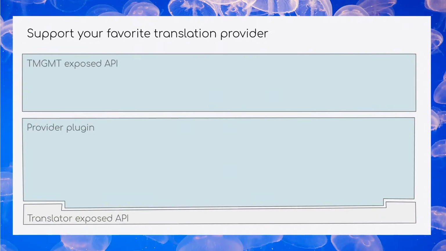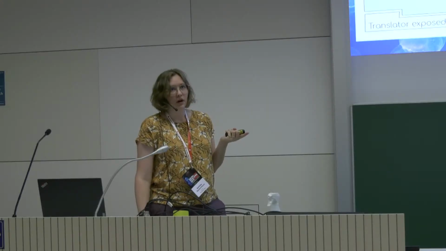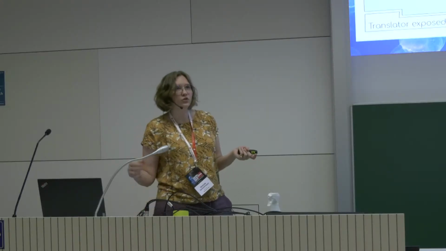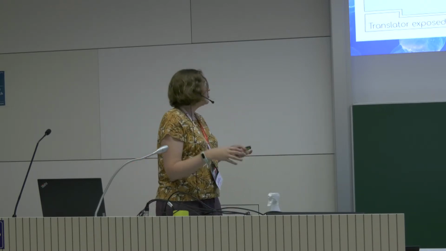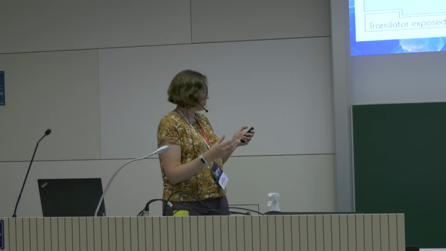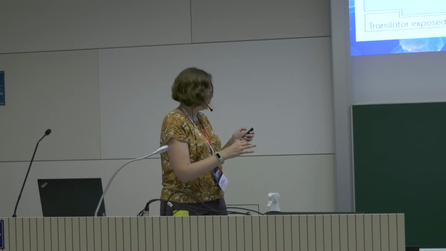Then I want to mention quickly, I'm kind of fast, I don't know, about how the provider plugin works, because this is probably the thing that needs to be really custom made for each provider, and it's actually quite easy. So I wanted to spend just a little time with that.